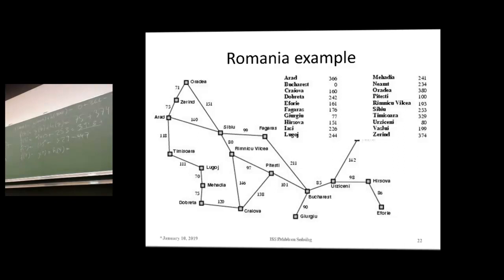Exactly. So you have to combine all the paths to the node. So it is the 99 that you mentioned, but it's also the 140 that you have to take into account for G. It's always the distance from the starting point.